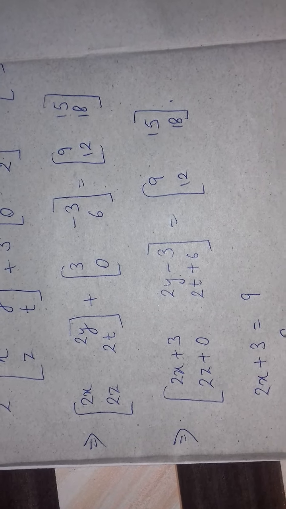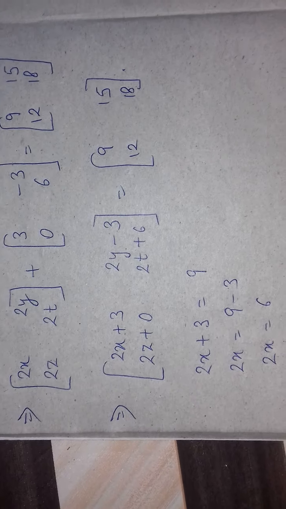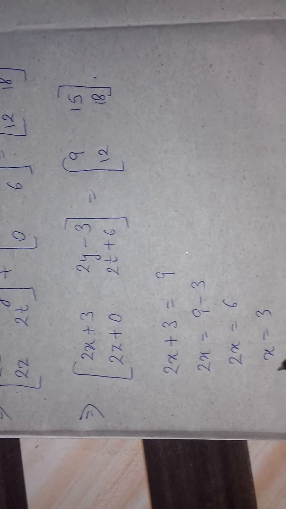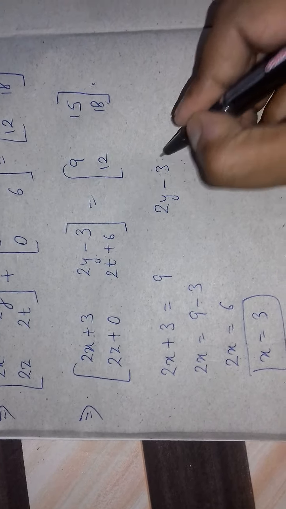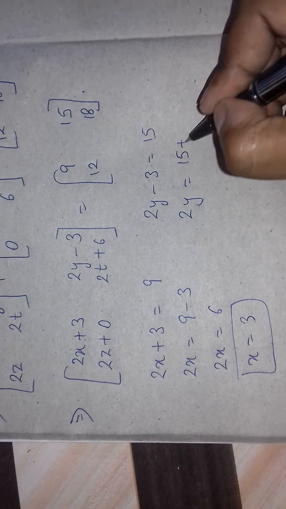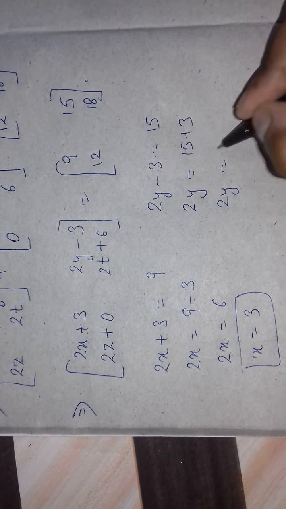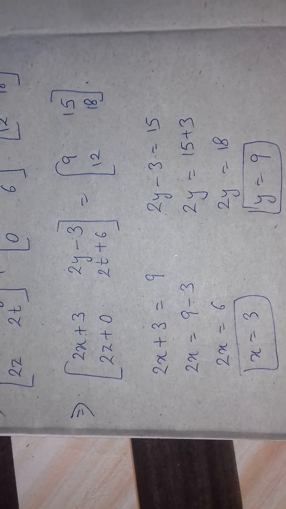So 2x will be 9 minus 3. So 2x is equal to 6. So x will be equal to 3. 2y minus 3 is equal to 15. So 2y is equal to 15 plus 3. So 2y is equal to 18. So y will be equal to 9.